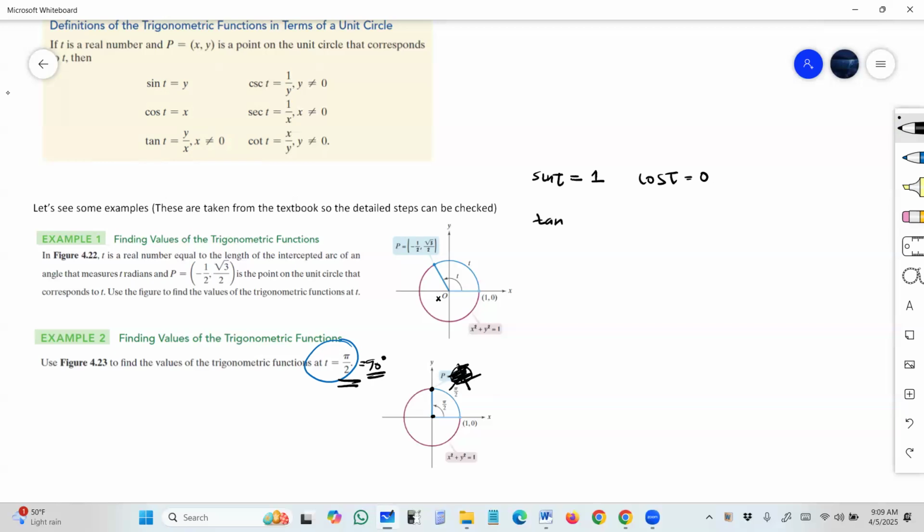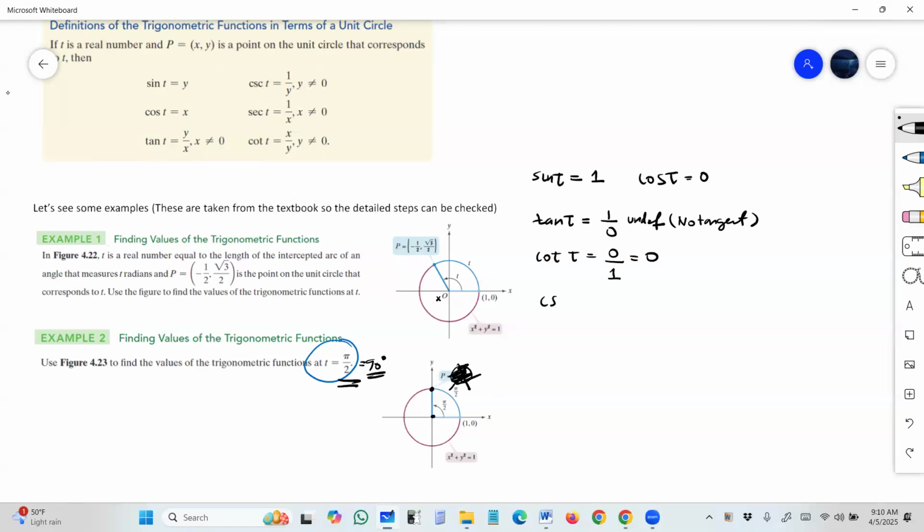Let's find tangent t. Tangent t, as you see from the definition, is y over x. Now, this is 1 over 0. This is undefined. We can't do it, so it would say no tangent. Okay, let's do cotangent t. Cotangent t is x over y. So x is 0 over y, 1. That is 0.